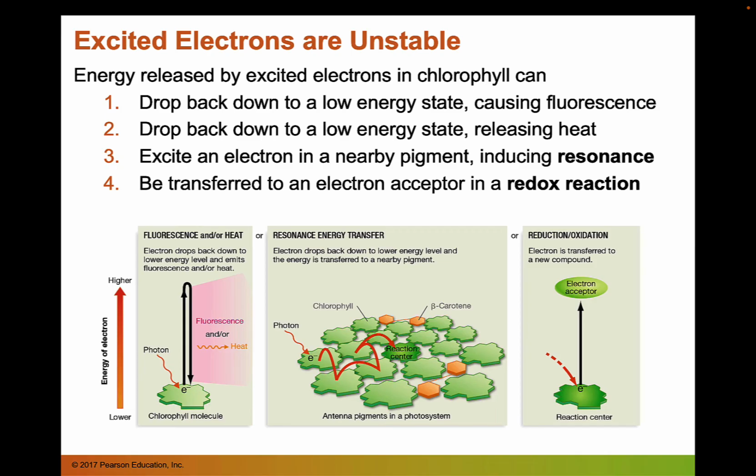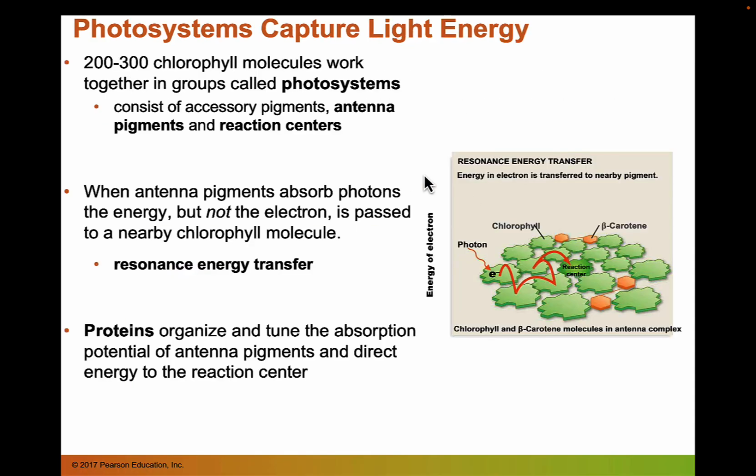But in chloroplasts, 98% of the electrons drive processes related to photosynthesis. These electrons are going to participate in resonance energy transfer or in a redox reaction. So let's take a minute to explain the difference. In chloroplasts, 200 to 300 chlorophyll molecules work together in a group that's called a photosystem.